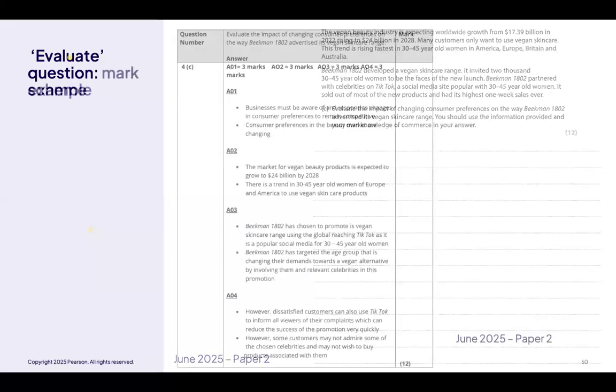So, what is the answer here? Evaluate the impact of changing consumer preferences on the way Beekman 1802 advertised its vegan skincare range. Okay, clearly students are going to need to offer some balance here. On the one hand, yes, changing consumer preferences were really important.